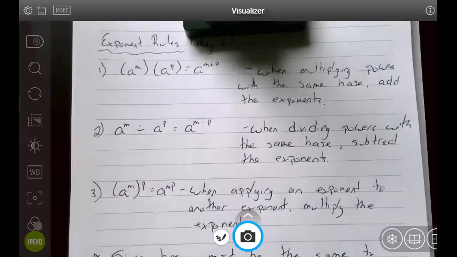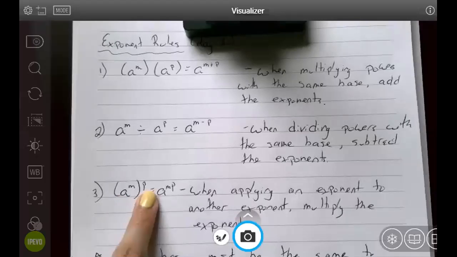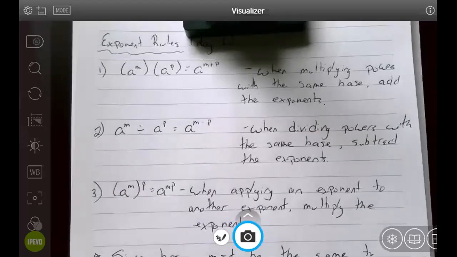And then the last law that we're going to be looking at today is if you have an exponent on the outside of a set of brackets containing a power. This is called the power of a power. So I am taking the power of another power. What we do in that case is multiply the 2 exponents together.